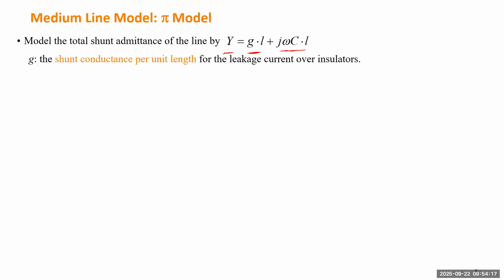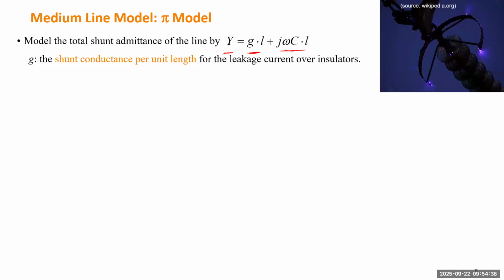Usually G can be ignored, but it depends on the design of the line. If you deal with realistic line data, you may see that some data may or may not provide G. But usually C will be needed to model the system. G is related to effects such as the corona effect.